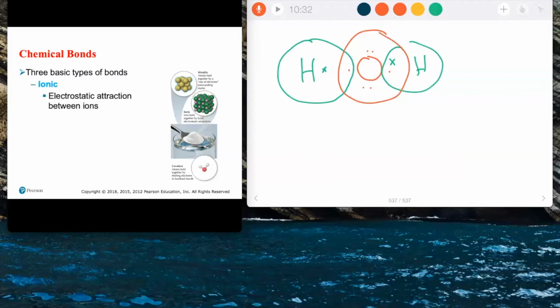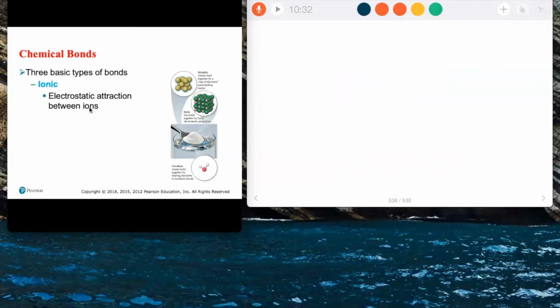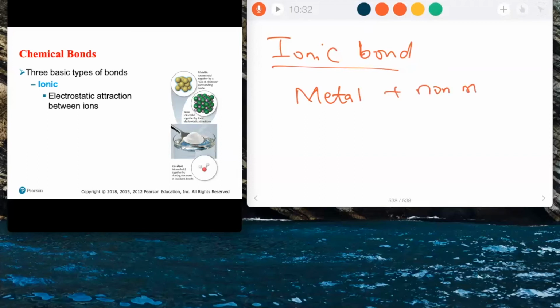So basically, ionic bond is formed when there is transfer of electron from a metal to a non-metal. So when we say ions, you need to know that ionic bond is formed between metal plus non-metal.